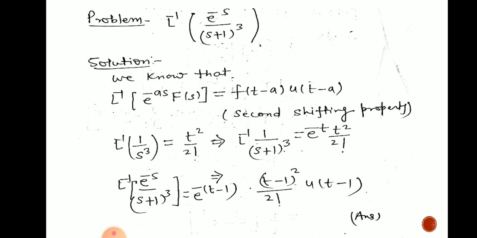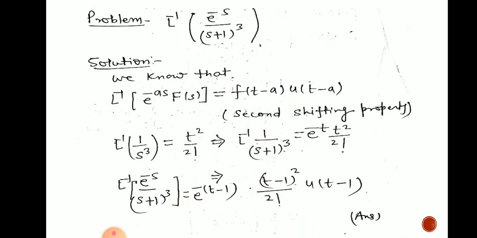So the Laplace inverse of 1 upon s cube. Look at the general formula: the Laplace inverse of 1 upon s to the power n is equal to t to the power n minus 1 upon (n minus 1) factorial.